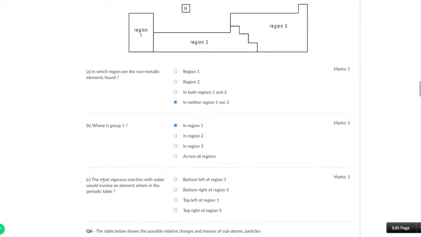And if we're then looking at the figure of reactions with water, the types of reactions that we've done with water involve metals, typically group 1, again something in the area of region 1, and we know that group 1 reactions get more vigorous as we go down the periodic table. So we've got lithium, all the way down to cesium and francium down the bottom. Francium will be a very, very vigorous reaction with water, so we've got something at the bottom left of region 1.